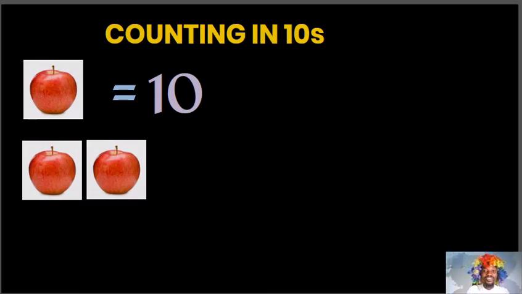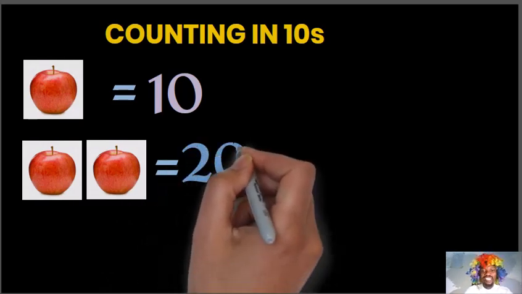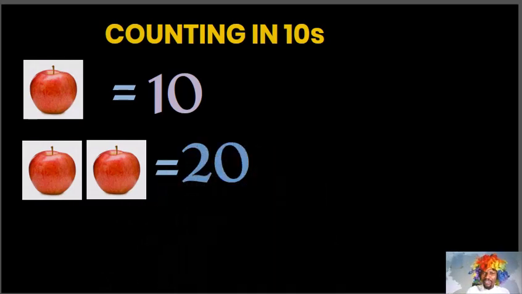You're counting in tens. 1 apple, remember, is 10. 2 apples will be how many? 20. We are making progress. So 1 apple is equal to 10, and 2 apples will be equal to 20.